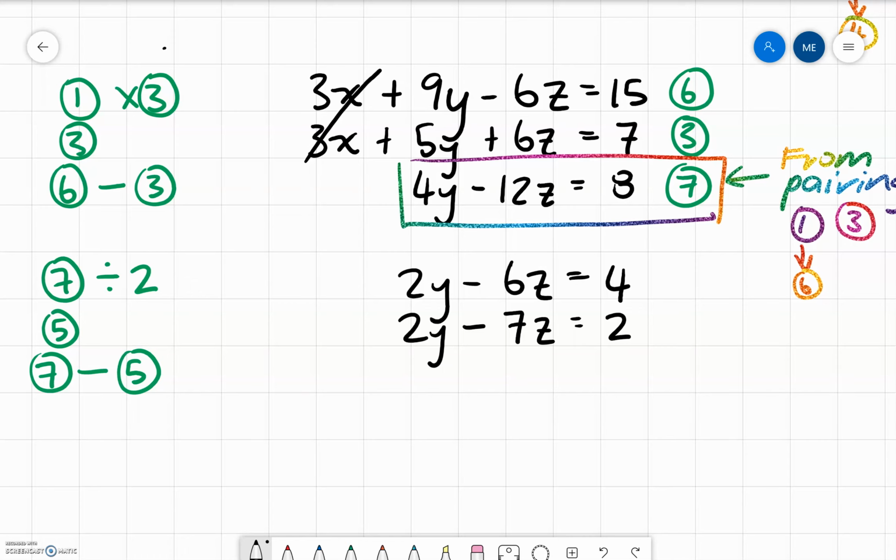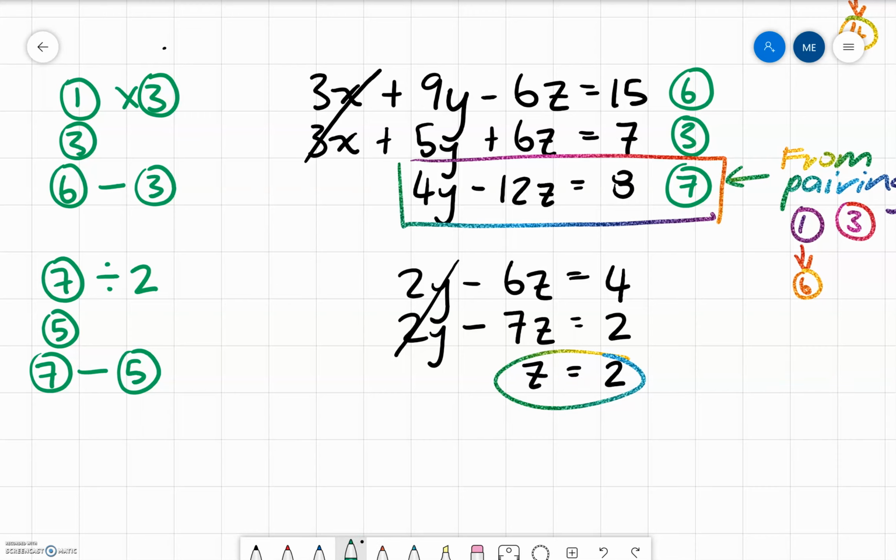So 2 minus 2 cancels. Negative 6 minus negative 7 gives us z, just 1, and 4 minus 2 gives us 2, which is our first solution, z equals 2.